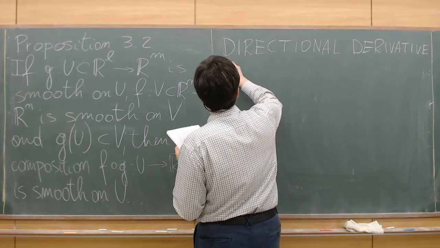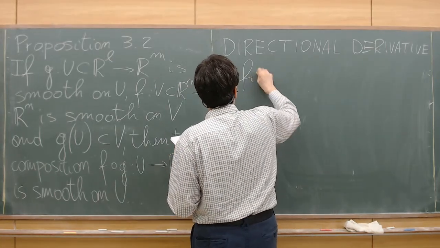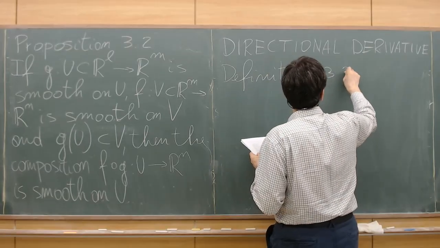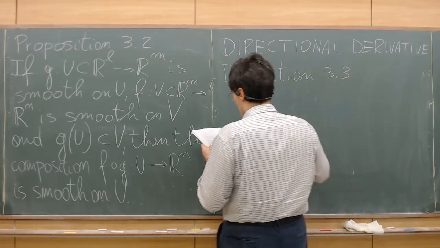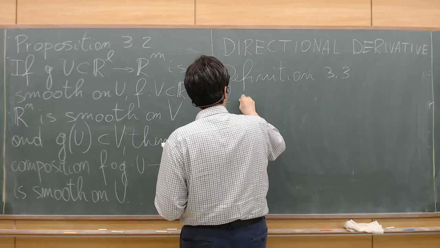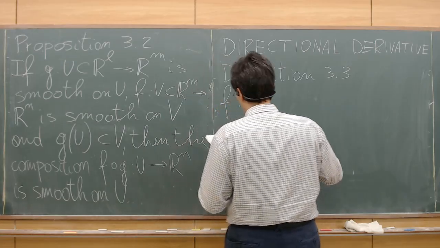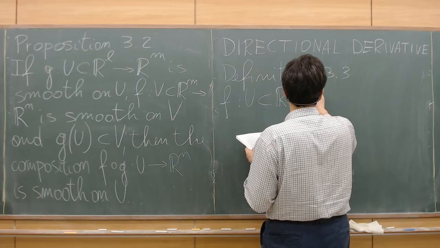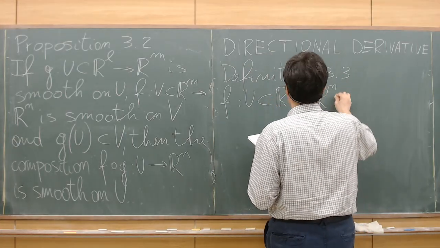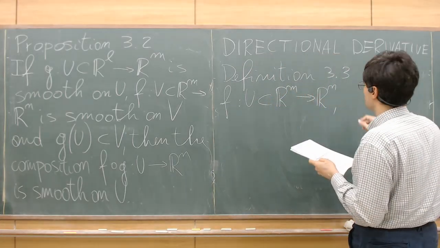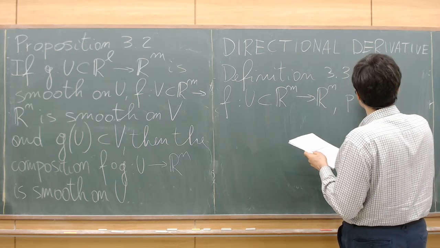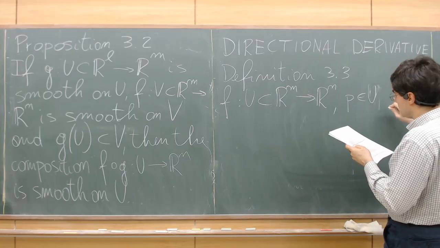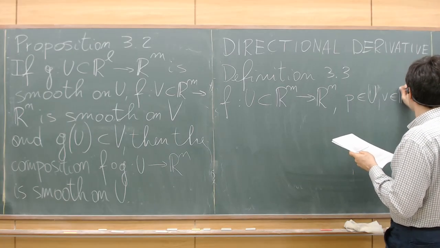So suppose that F is a function defined on the open set U of R^m with values in R^n. Suppose that P is a point in U and v is a vector in R^m.